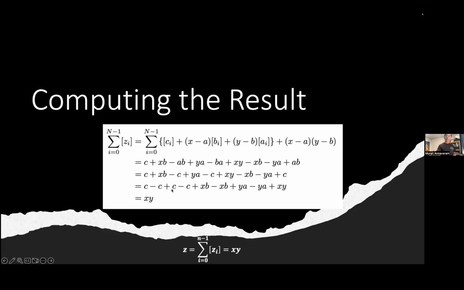Once you do that, it simplifies to X times Y. Therefore, the two parties computed Z1 and Z2 without knowing anything about X and Y. But when the client receives the data and sums the two results, they get X times Y. And that is the key of multi-party computing.